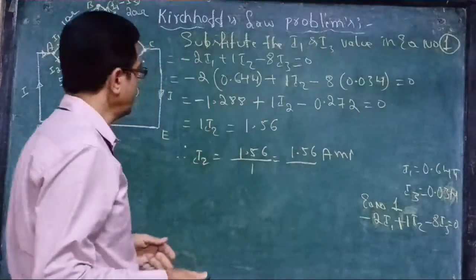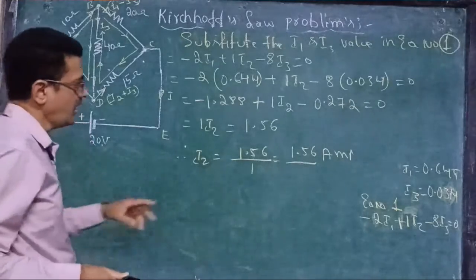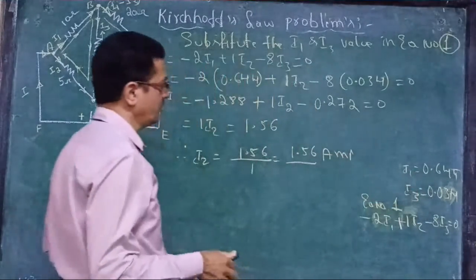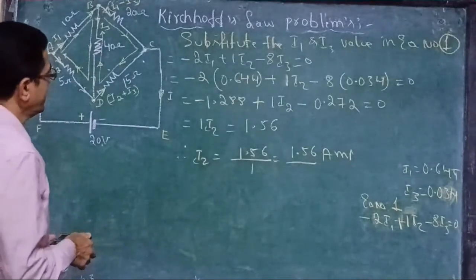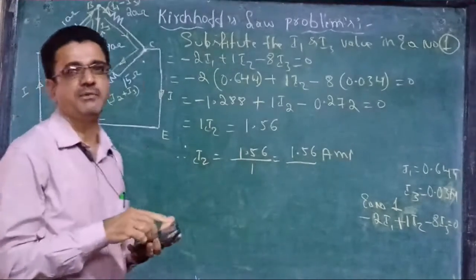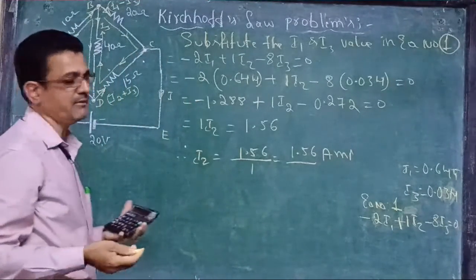So here we already know the I1 value, I2 value, I3 value. Then we can cross check whether it is correct or it may be wrong, by using any one of the equations.